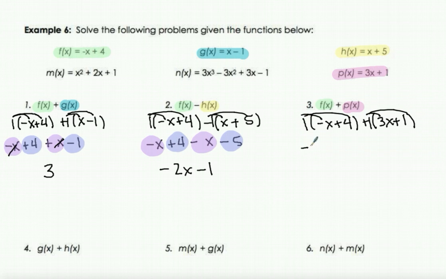So 1 times negative x is negative x. 1 times 4 is positive 4. 1 times 3x is 3x. 1 times 1 is positive 1. Then I would combine my like terms. Negative x and positive 3x, and positive 4 and positive 1. So negative x plus 3x will give me 2x, and 4 plus 1 will give me 5.